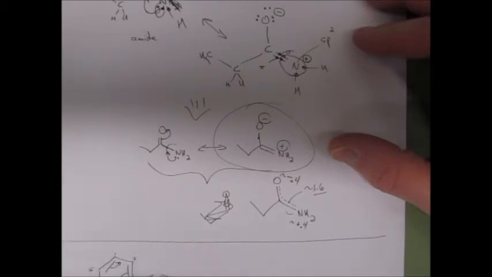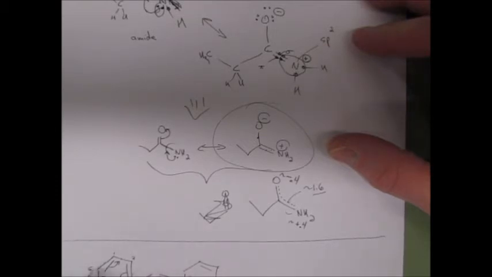It can resonate so that what you get is this, and we know that the resonant hybrid is this, because you've got 1, 2, 3, 4, 5, 6 spaces, 6 bonding connections for 3 double bonds.